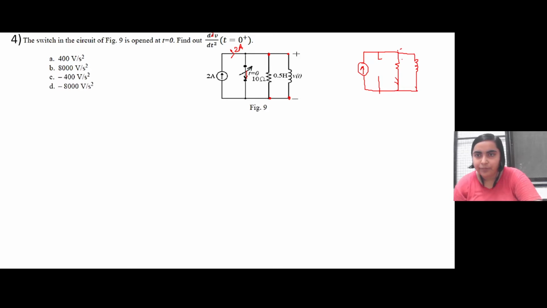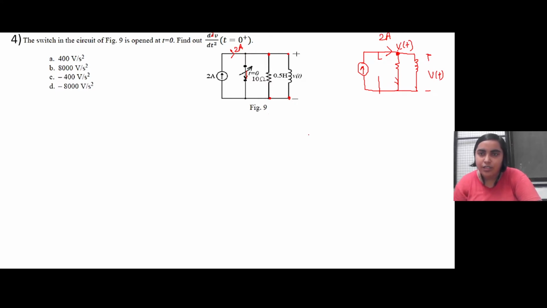So this 2 ampere current is flowing from this current source to this branch. The voltage across this inductor is given as V of t, so this is basically the node voltage at this particular point. So we can apply KCL in this circuit, right?